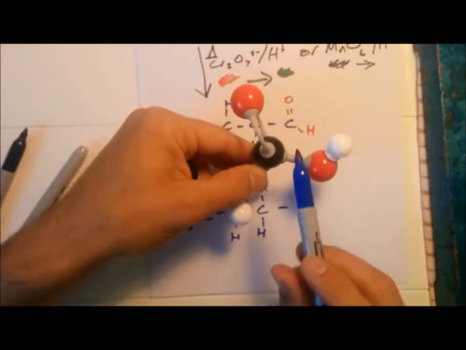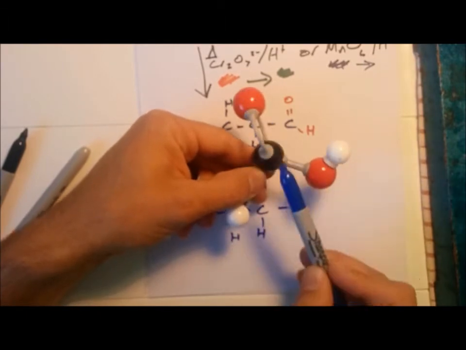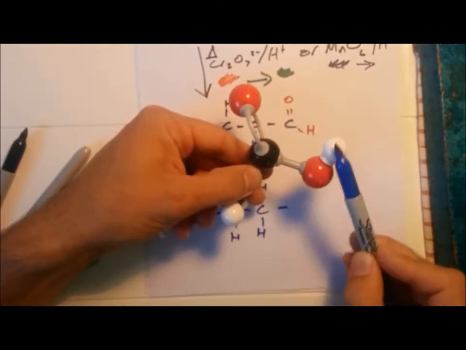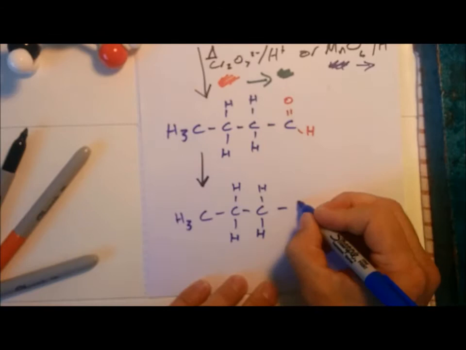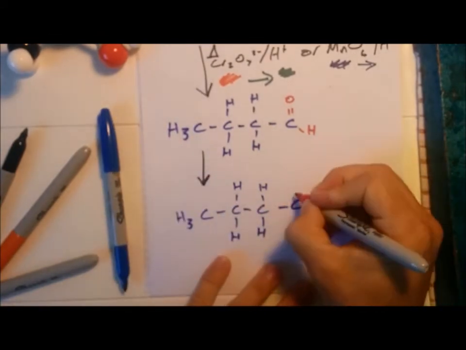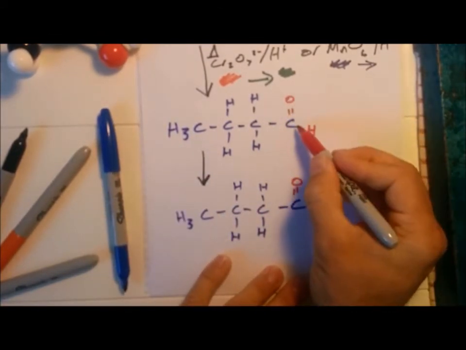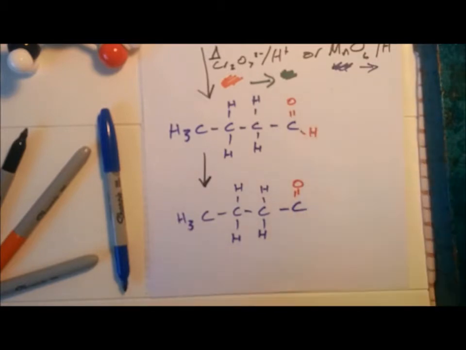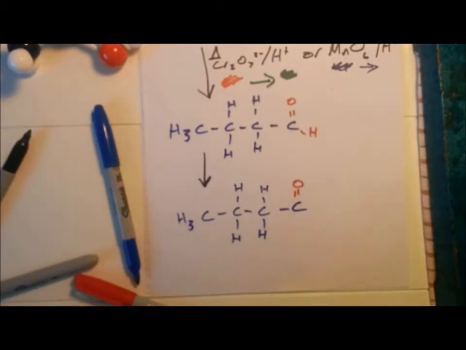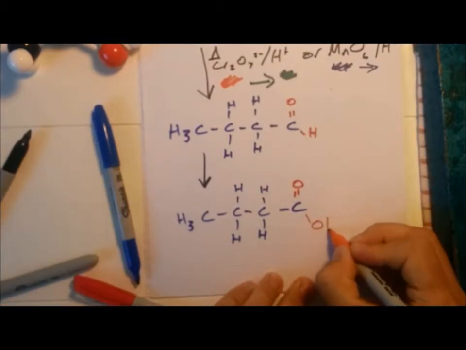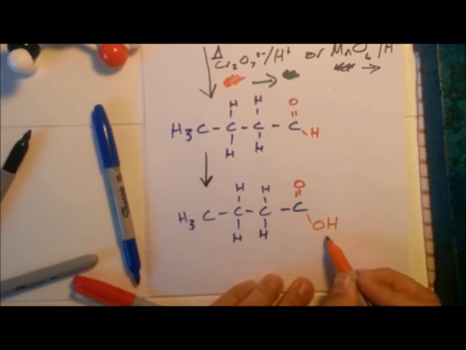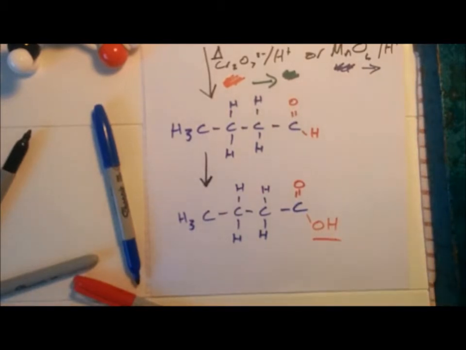So we end up with our carboxylic acid, which is a C double bonded O and a C with an OH on it. So here is our carbon. Here is the double bonded O, which is the double bonded O from the aldehyde, and then we get the acid part, which is the OH. So this is your acid, your carboxylic acid.